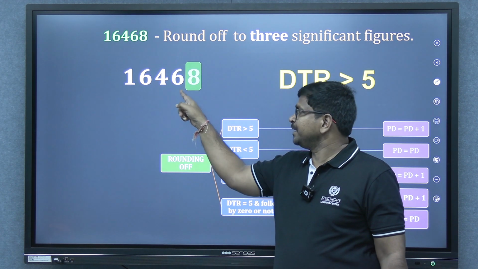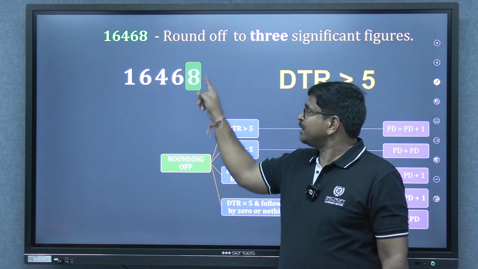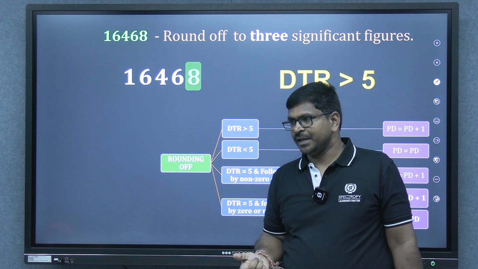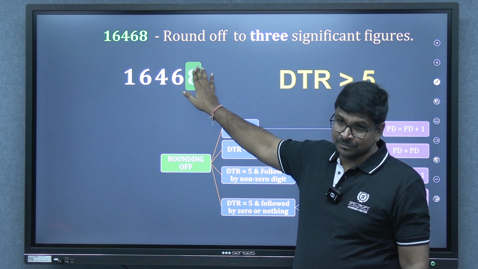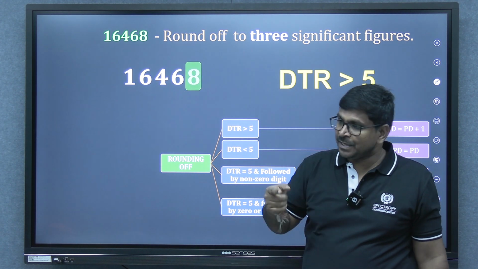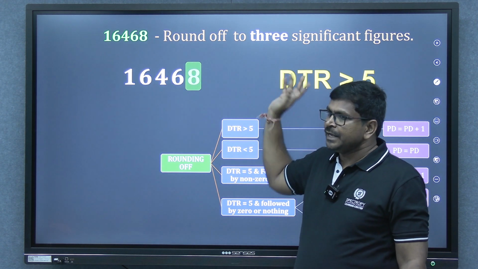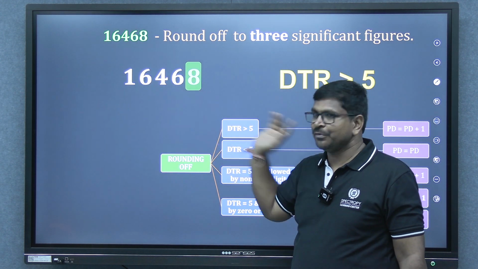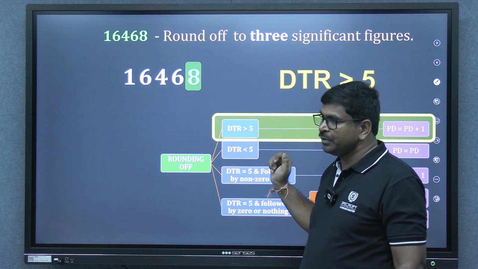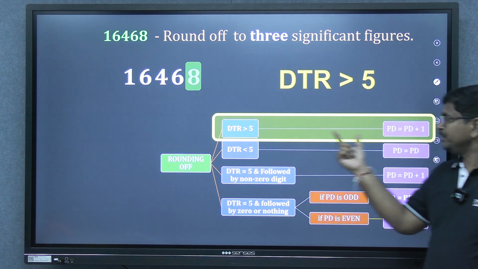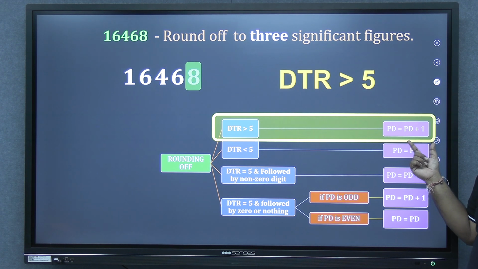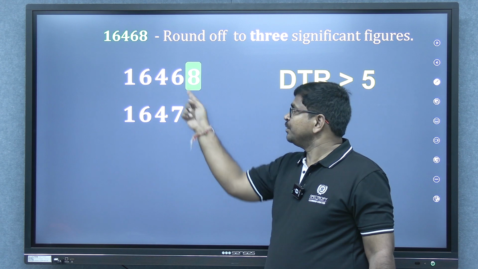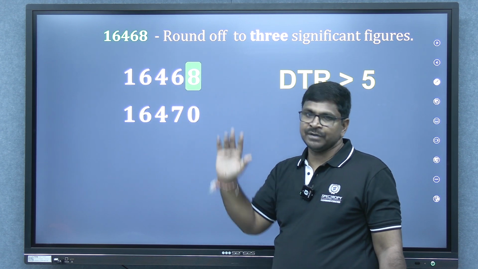So 6 should be 7. Then what about 8? If it is a decimal place, we just ignore and remove 8. If it is not a decimal place, replace with 0. So according to the rule, 8 will become 0, and 6 will become 6 plus 1, 7.